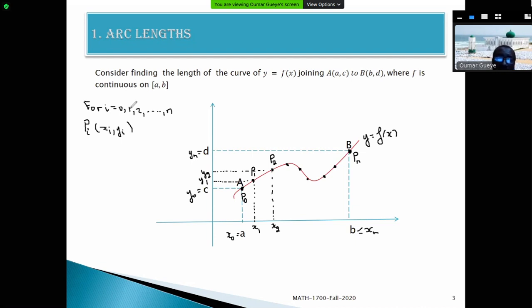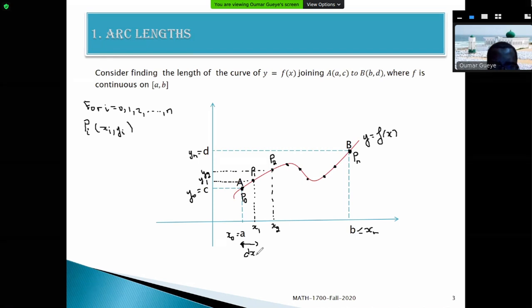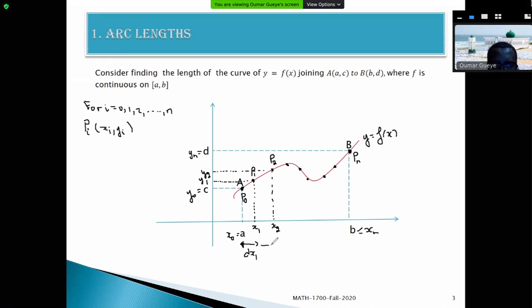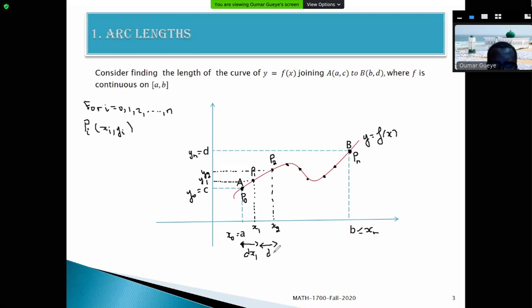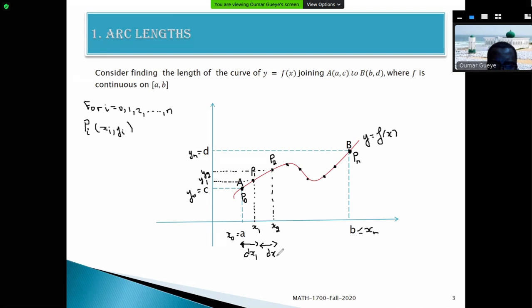Now, the gap between, for example, x0 and x1, this distance I'm going to call dx1. The second one I'm going to call dx2. You have to keep this picture, the graph, because we're going to use it.